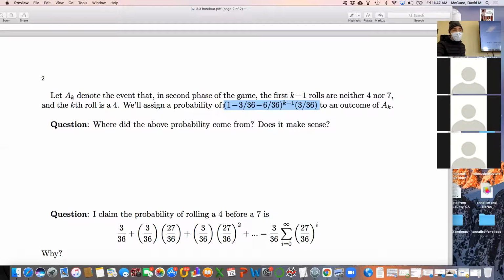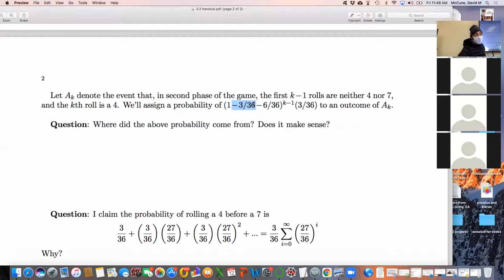You believe that? Why do you believe that? Okay, very good. If you couldn't hear Trent, he was saying, well, look, 1 is the overall space, right? Everything is at the 1. So from 1, if you're not going to roll a 4, you got to take 3 out of 36 out of it. So here's no 4.